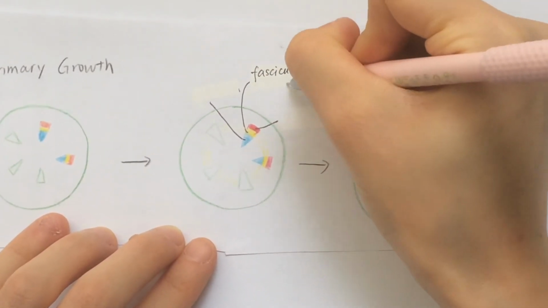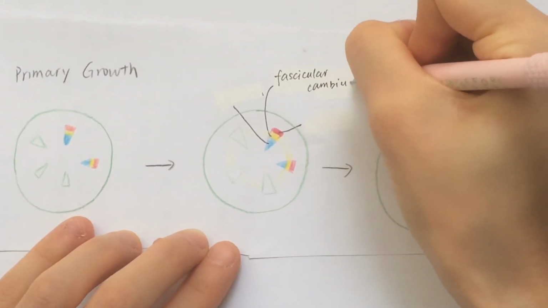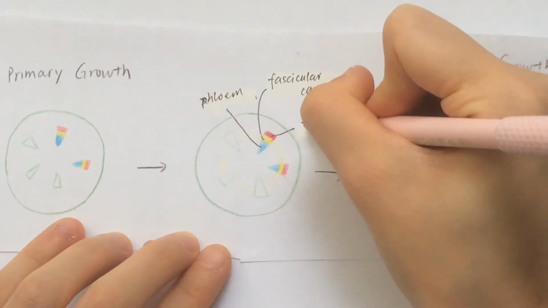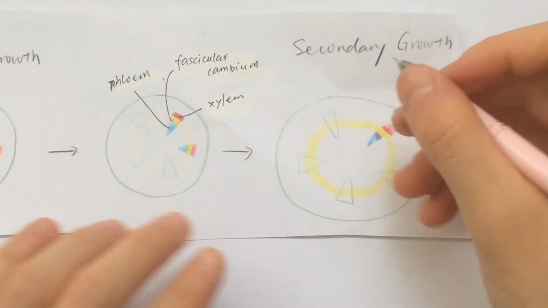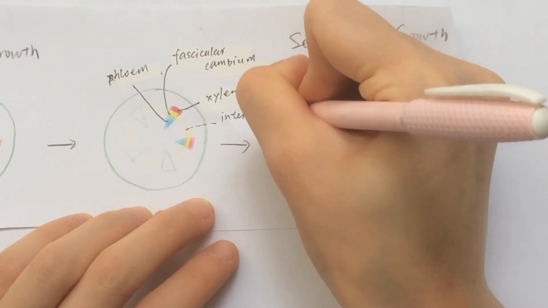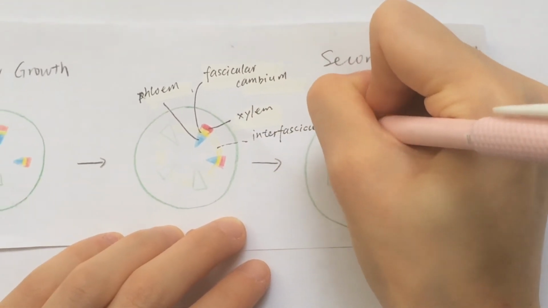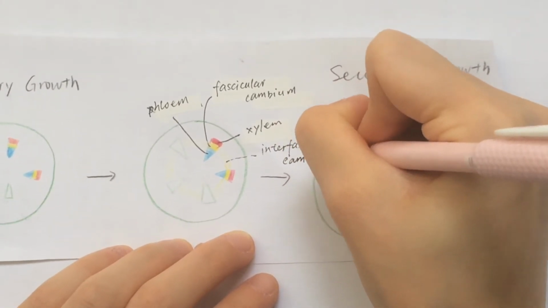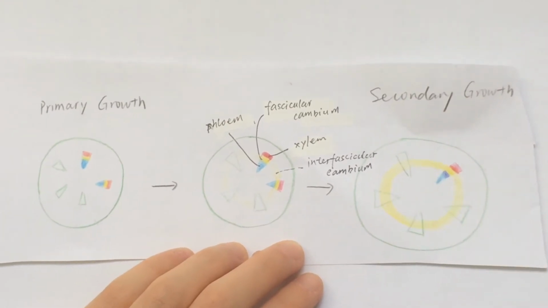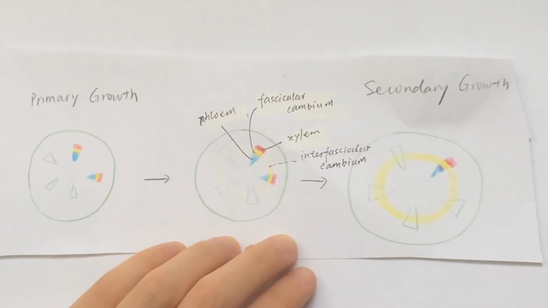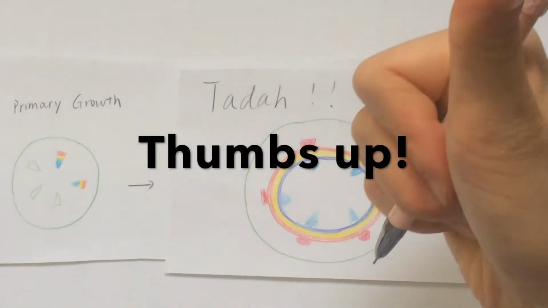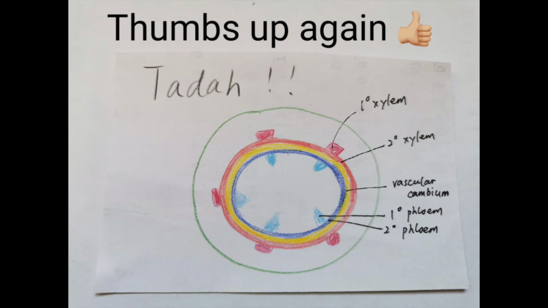This vascular cambium also forms xylem inside and phloem outside to enlarge the vascular bundle, and the cortical parenchyma cells will differentiate into the interfascicular cambium. Fascicular and interfascicular cambium join together, and ultimately a complete ring of vascular cambium around the stem leads to a cylinder of secondary growth in the stem. Ta-da! Here we have a complete vascular cambium.